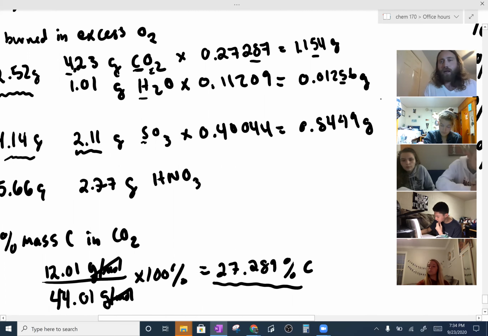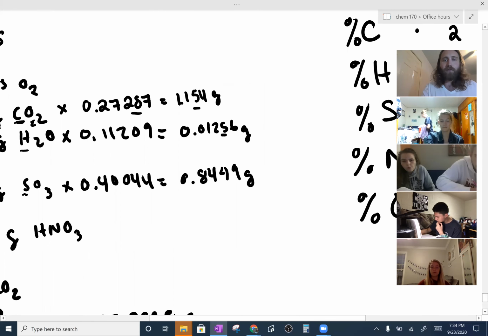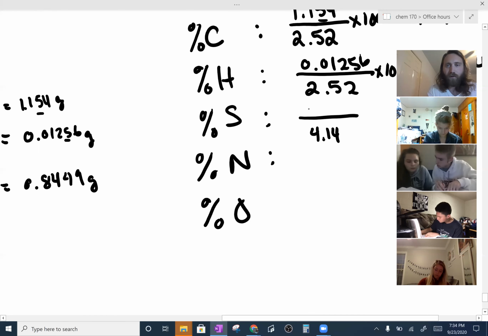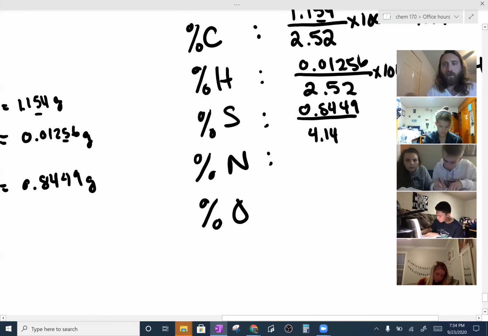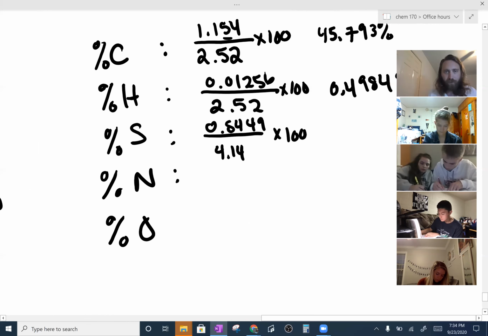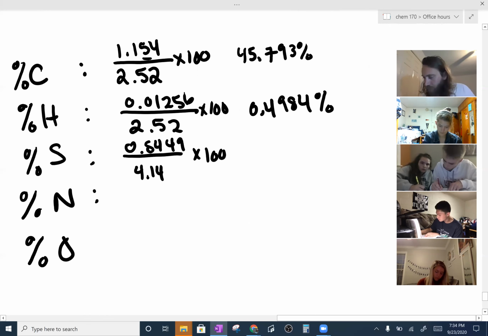Okay, so now we have the mass of sulfur we made. We have the total mass that we put in, 4.14. We can calculate the percent sulfur in the original product. It is 0.8449 divided by 4.14 times 100. And this gives us the percent mass of sulfur in the original compound.